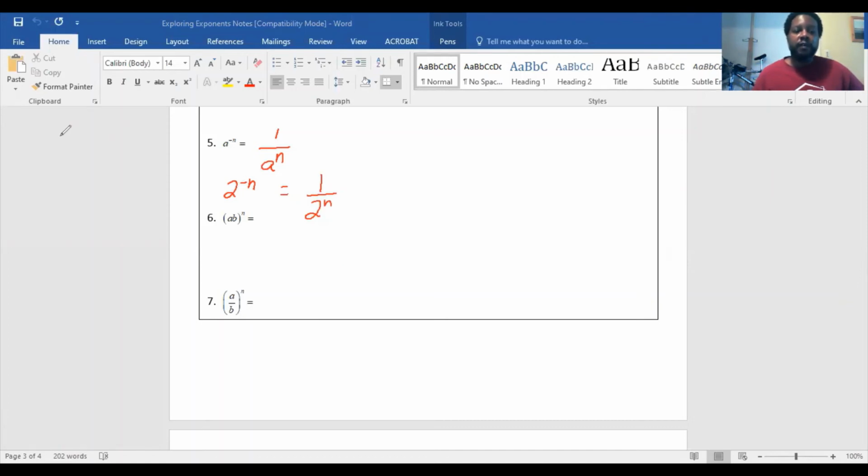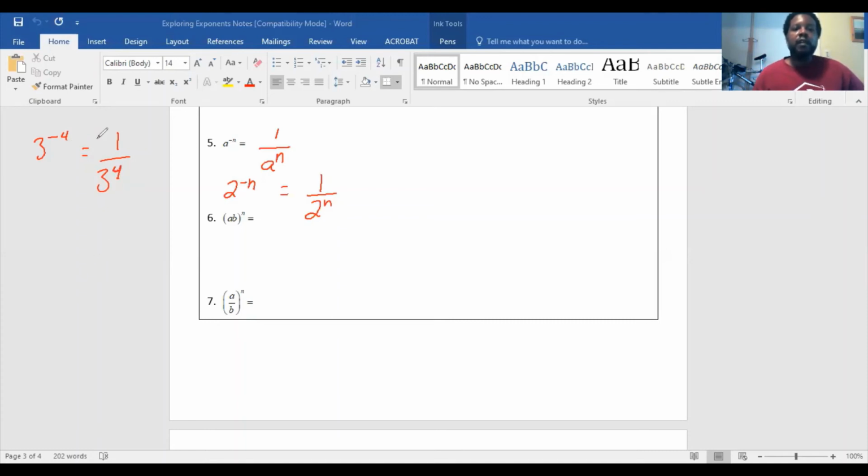Replacing it all with numbers, 3 to the negative 4 would be rewritten as 1 over 3 to the 4th power. So I just put this exponential form into the denominator of a fraction with 1 on top and make sure that my exponent is now positive.